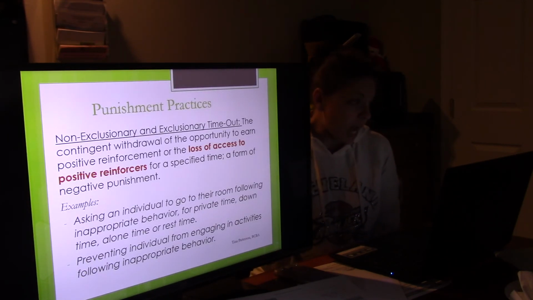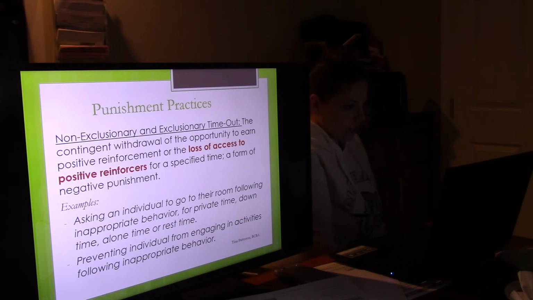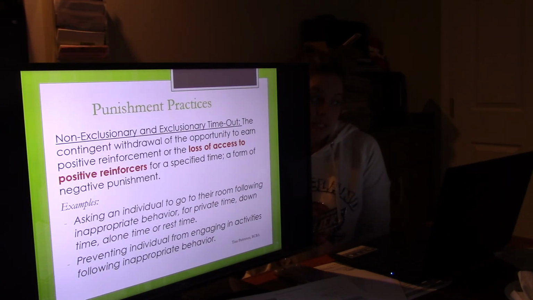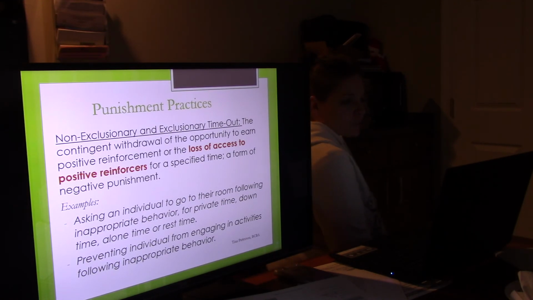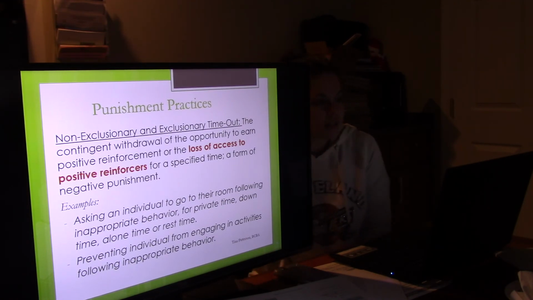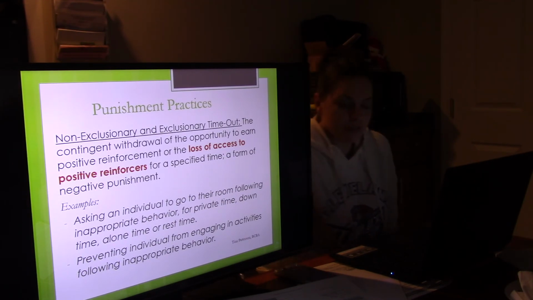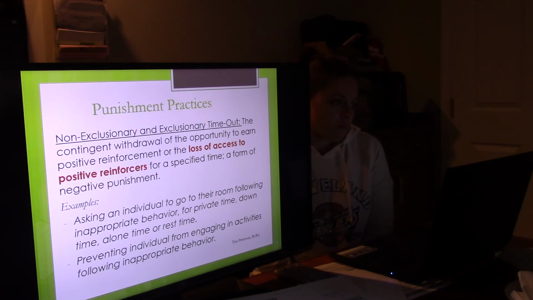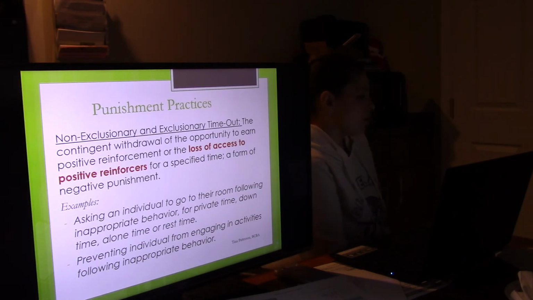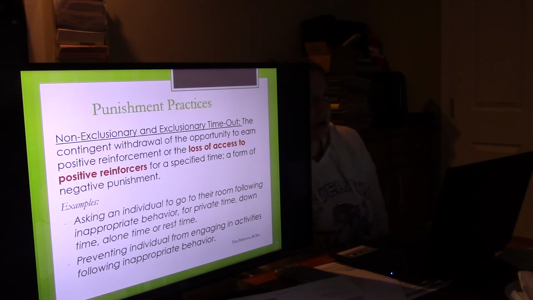Punishment practices: non-exclusionary and exclusionary timeouts. There are 2 different kinds of timeout. It's the contingent withdrawal of the opportunity to earn positive reinforcement, or the loss of access to positive reinforcers. So they cannot even earn cars. Can't even earn Brown Dragon.